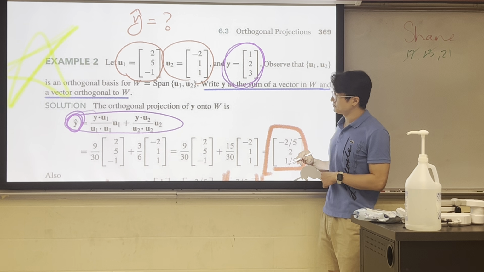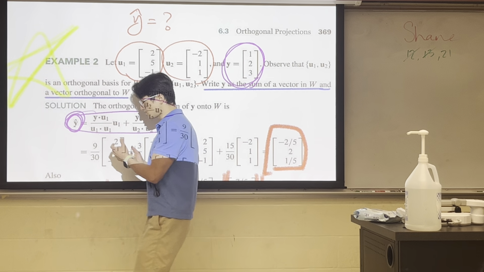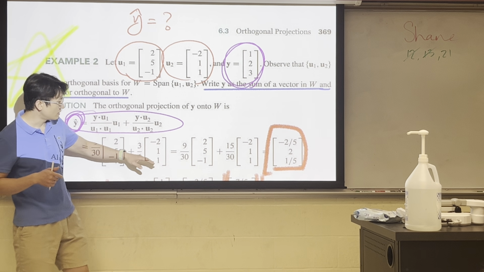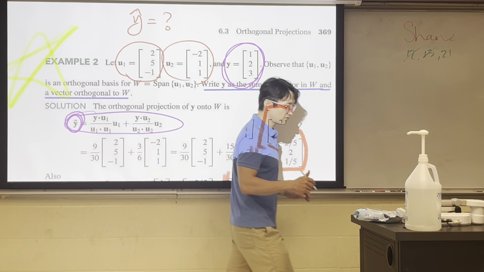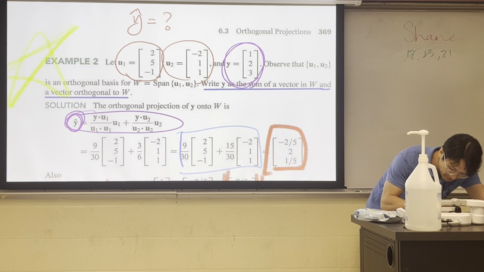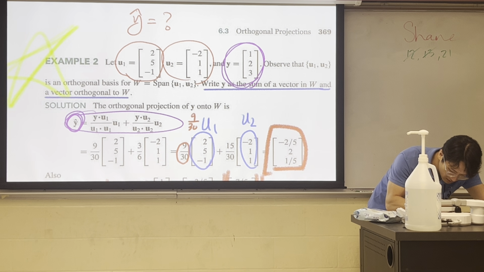But interpreting the answer here is different from this. So this is u1, the next vector is u2, and then you get the scalar, and then you get the scalar.